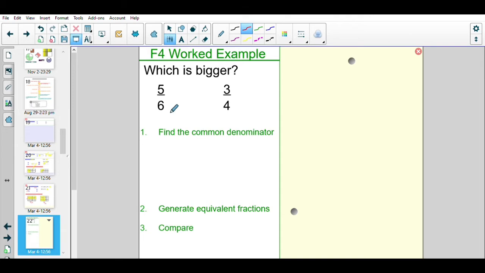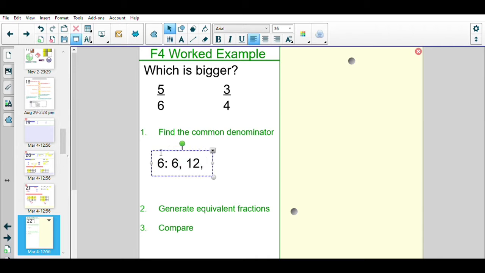We want to see how we could compare them now without having a shape. Again, we're comparing two fractions that don't have the same denominator. So first I have to find the common denominator as my first step.